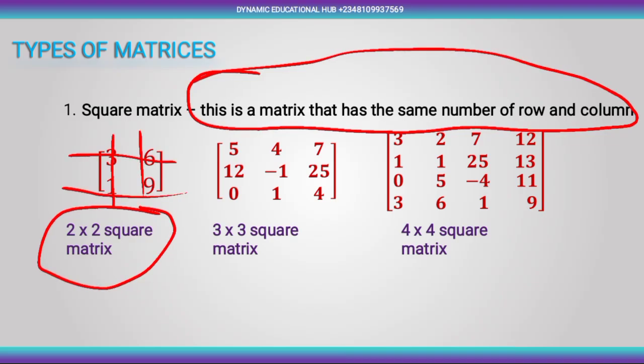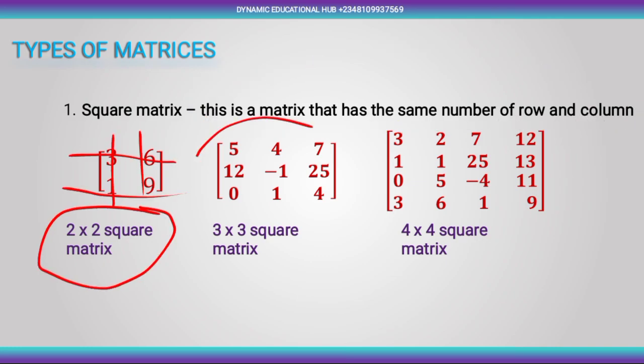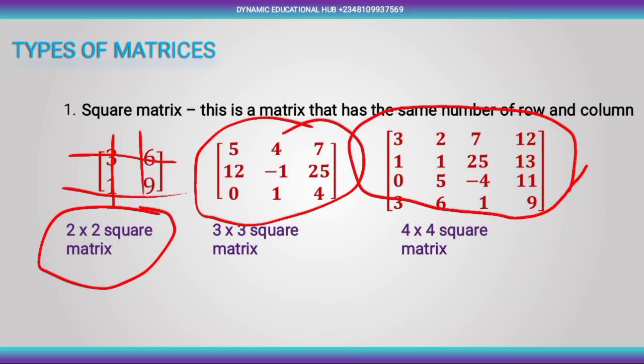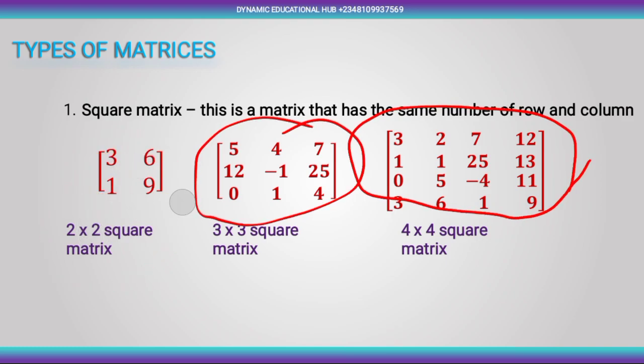We have a 3 by 3 square matrix, 3 rows, 3 columns. We have 4 by 4. We can as well have 5 by 5, 6 by 6. So once the number of rows is the same as the number of columns, we have a square matrix.